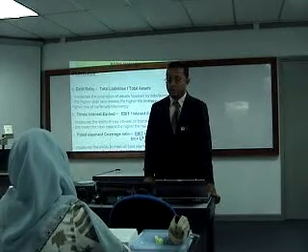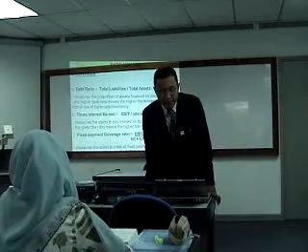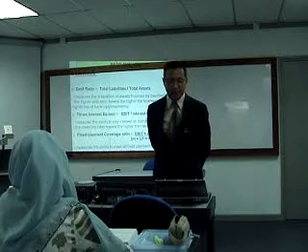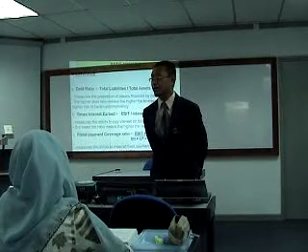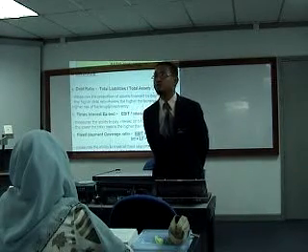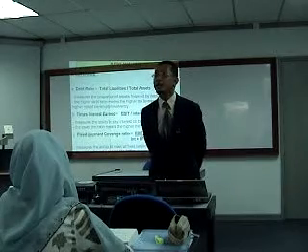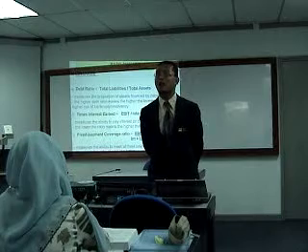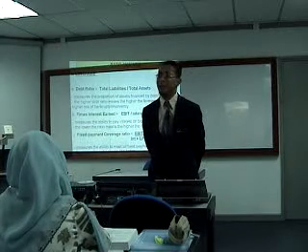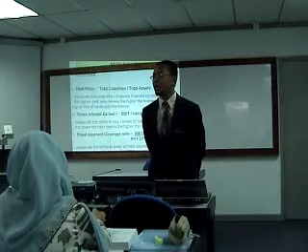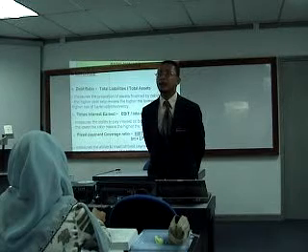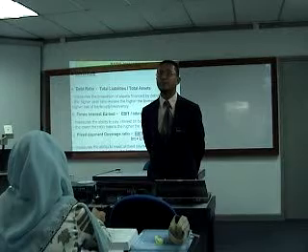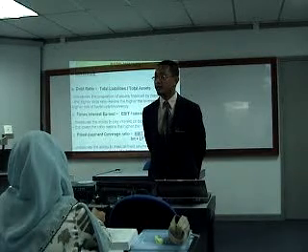The next one, times interest earned. Times interest earned measures the ability to pay interest on borrowing. The bank will always look at this figure to see whether the company is able to pay its interest on borrowings, because the bank lends out money to the company, and the loans will be charged interest, and they want to see whether the company is able to service the interest.